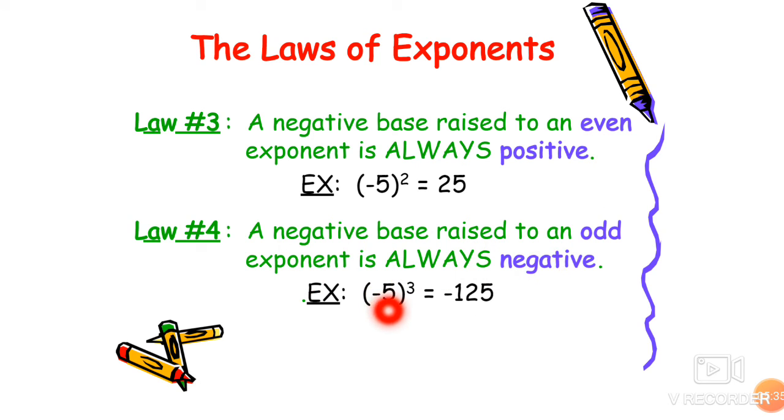If we have a negative number in the base and the exponent is odd, then our answer is negative number. If we have positive base, then the answer will always be positive no matter what the exponent is. But if the base is negative, then the exponent is even, answer is positive. Base negative, exponent odd, answer negative.